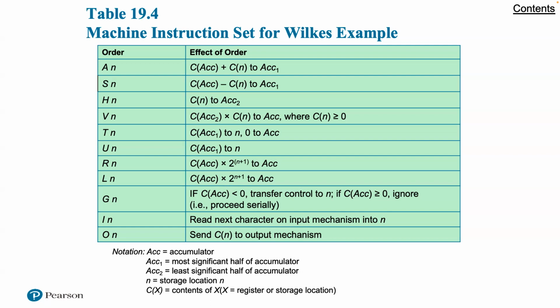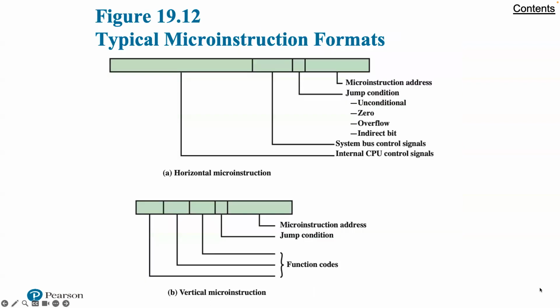A sequence of instructions is known as a microprogram or firmware. This latter term reflects the fact that a microprogram is midway between hardware and software. It is easier to design in firmware than hardware, but it's more difficult to write a firmware program than a software program. So you may have heard of firmware and updating your firmware. Well, here's an example of where that starts to play out.